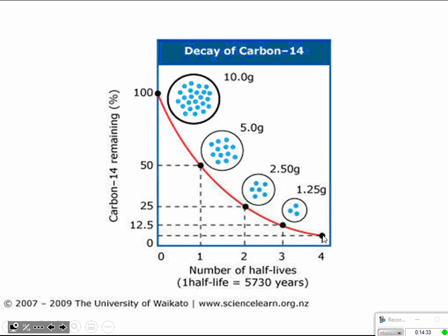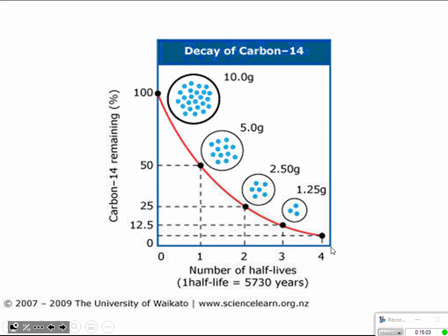And you can see how it's affecting the mass of the carbon. Went from 10 to 5. Half of 5 is 2.5. Half of 2.5 is 1.25, etc., etc. Now, what we call this type of curve, we call this exponential decay. So I want you to write that down in your notes so that you understand.